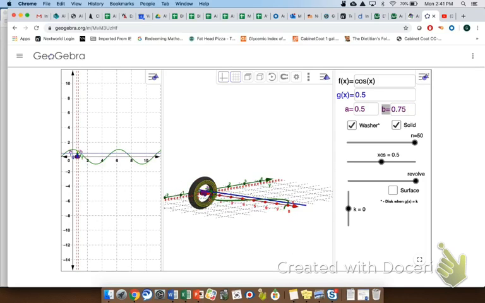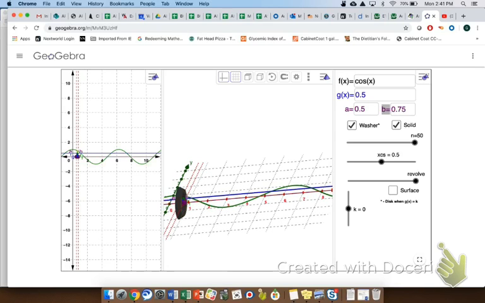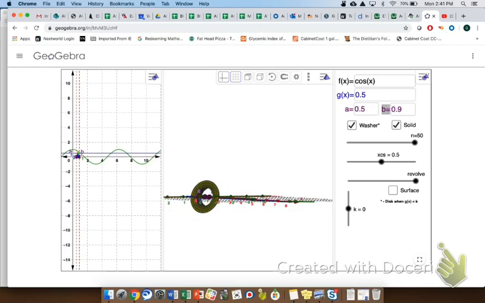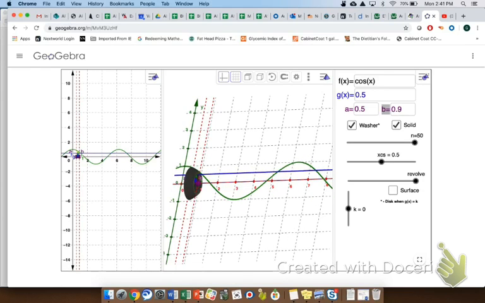Okay, so notice how this is even more obvious, right? You can see the hole right smack in the middle. And we could extend this over to make it a little bit closer maybe. So let's just say 0.9. So we make the hole a bit smaller, but you can still see how it's got a hole right in the middle. Let me bring the rotation back.